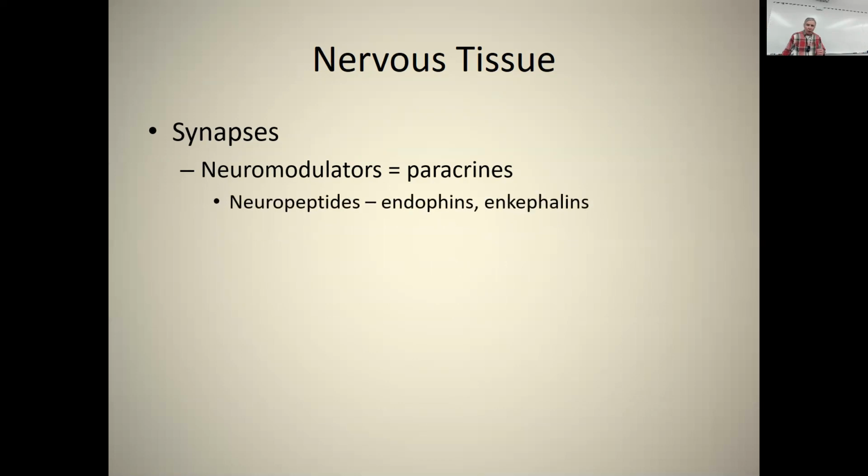Some of these are neuropeptides, like endorphins and enkephalins. And these are the natural opioids that we make in our brain. And we always wondered, why would this plant product, from the opium poppy, have this huge effect on human brains? Why is that? It must be binding to some kind of receptor in the brain.